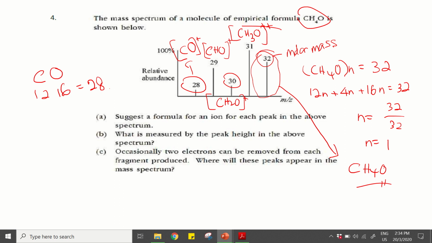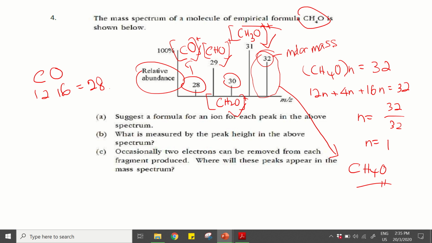All right, let's look at B. What is measured by the peak height in the mass spectrum? So the peak height is actually measuring the relative abundance, how abundant each identified fragment is: CO, CHO, CH2O, CH3O, all these. How abundant are they formed in the mass spectrometer?